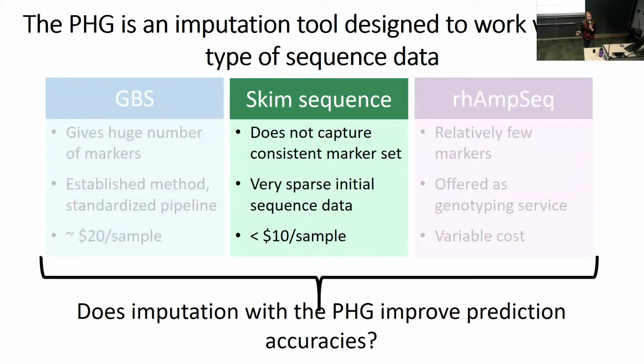So we're not capturing one specific or consistent marker set with this technology. But it is really cheap. It costs less than $10 per sample. So it is a viable option, something that we'd like to be able to use with a breeding program. And so the question at the bottom becomes, does imputation with the practical haplotype graph make it possible to use this technology?